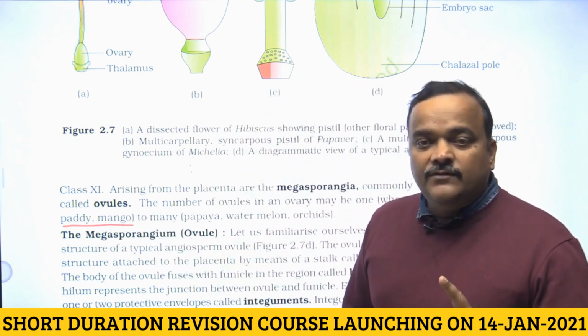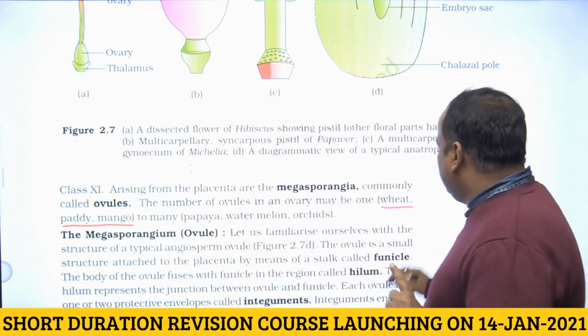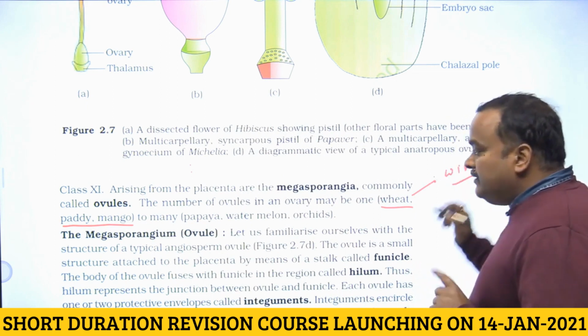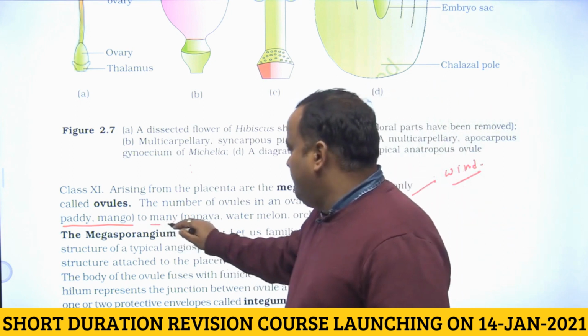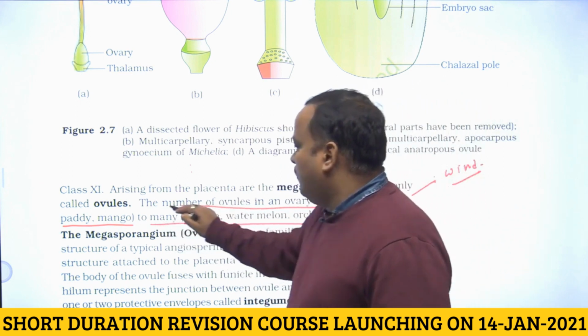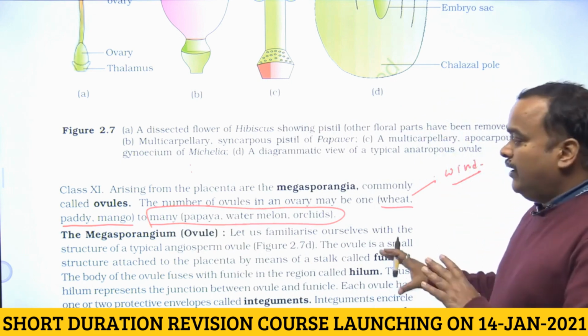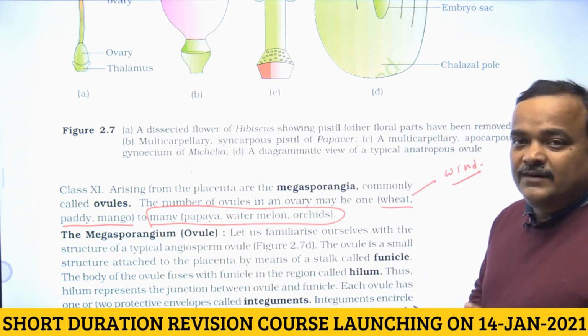It is 1 in the case of wheat, paddy and mango, and generally these plants are pollinated by wind. Then it is many in the case of papaya, watermelon and orchids. So you have to remember these examples, these are very important examples.